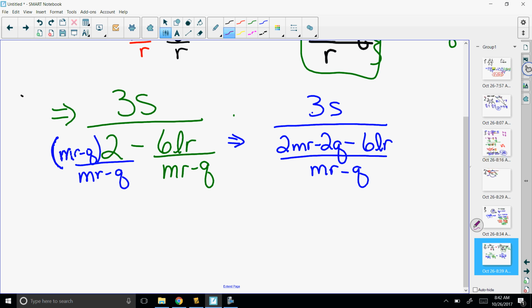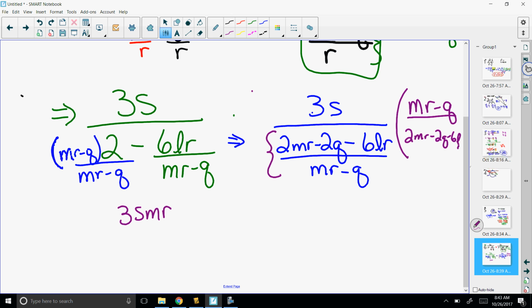What's the last thing you do? You are going to flip that fraction and multiply. So you're going to have 3s times mr minus q over 2mr minus 2q minus 6lr.